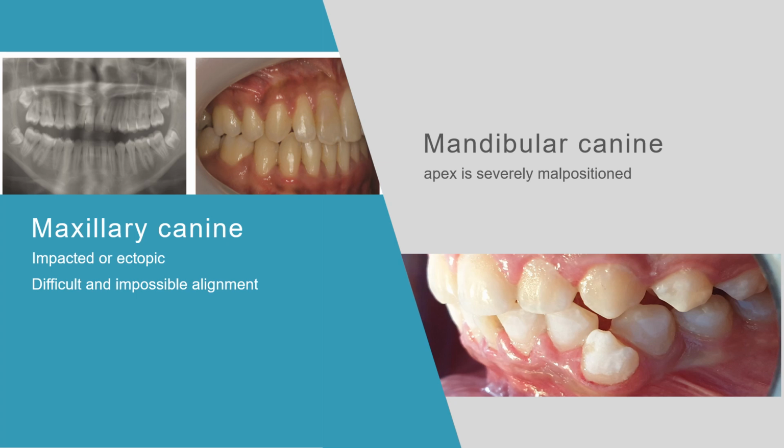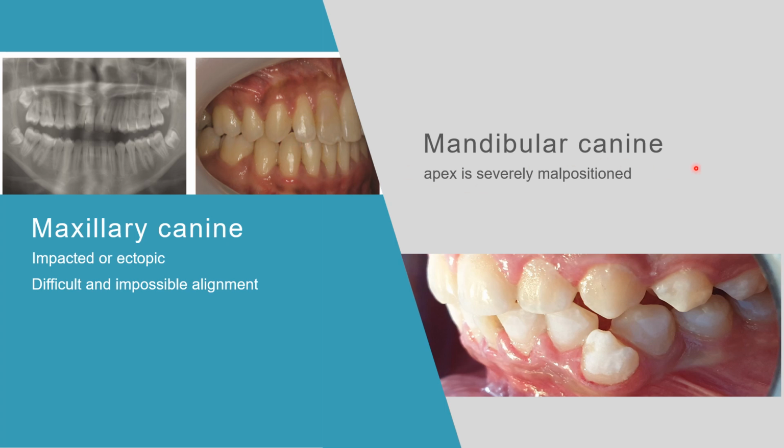For the extraction of the canine for relief of crowding, in case of the maxillary canine, the canine is extracted when it is impacted or ectopic, as in this case, the canine is impacted and difficult or impossible to align. In addition, the occlusion with the presence of the first and second molar instead of the position of the canine is acceptable functionally and aesthetically.